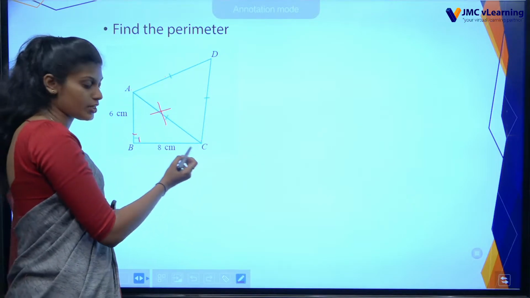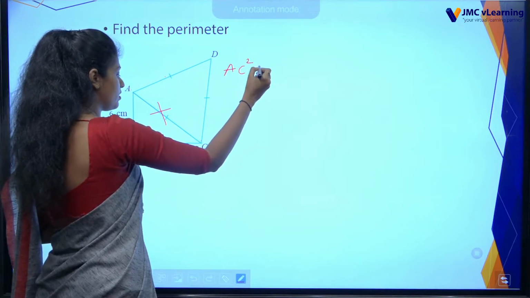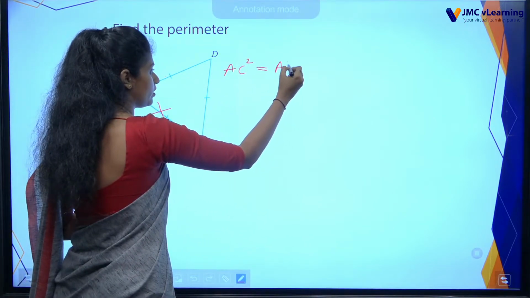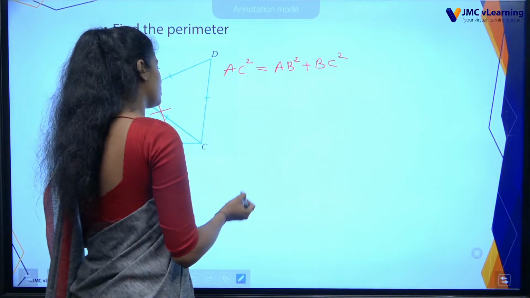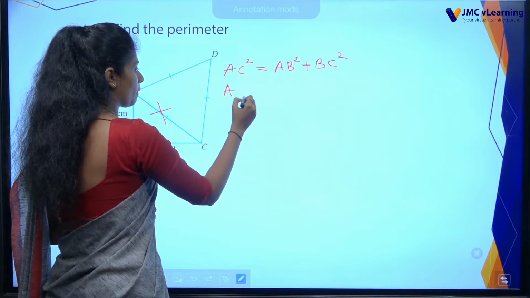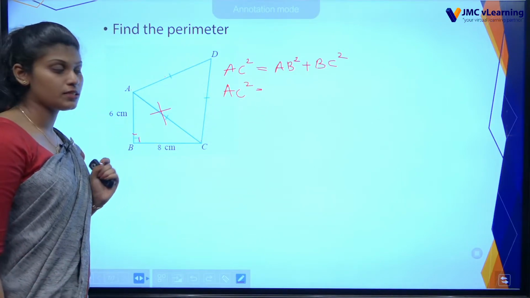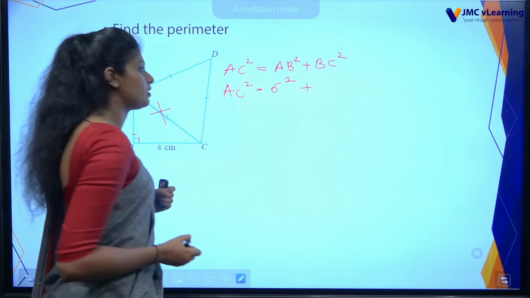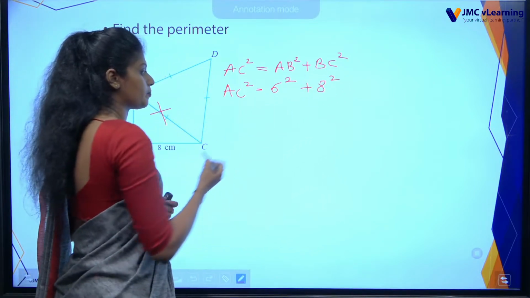AC is the hypotenuse of this right angle triangle. So, AC squared is equal to AB squared add BC squared. AB length is 6 centimeters, so 6 squared, add BC 8, it is 8 squared.